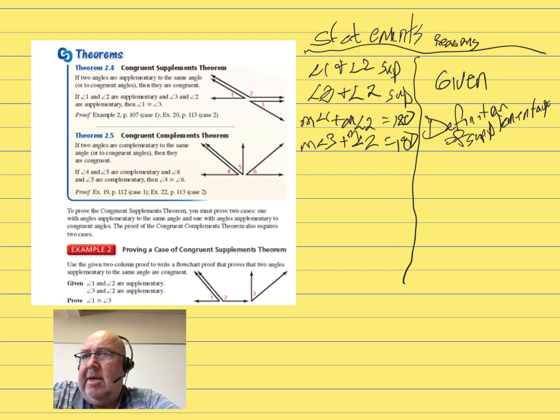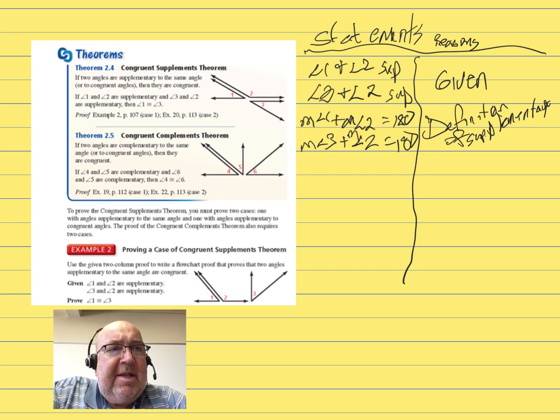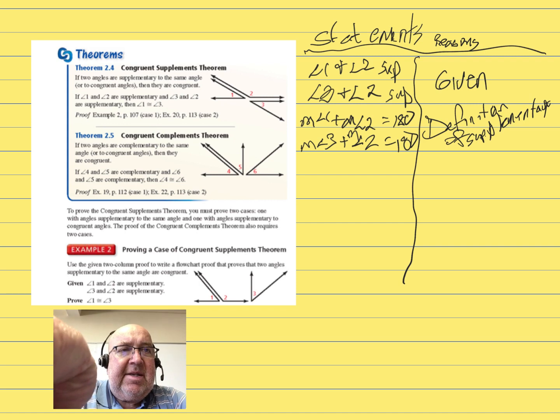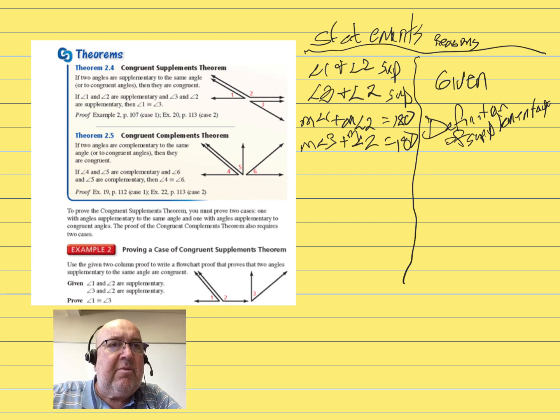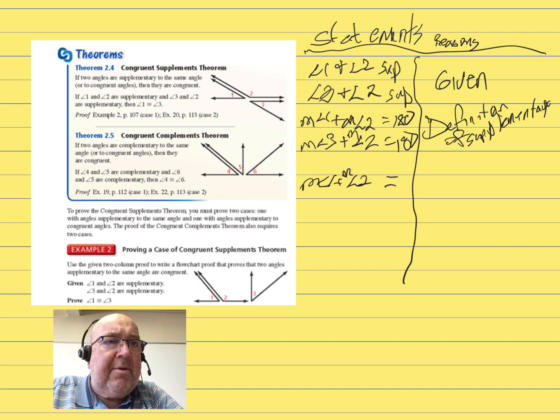All right. From that, we can say that, and I'm going to have to write this on two lines because I don't have a lot of room. So we're going to write the measure of angle 1 plus the measure of angle 2 is going to be equal to the measure of angle 3 plus the measure of angle 2.